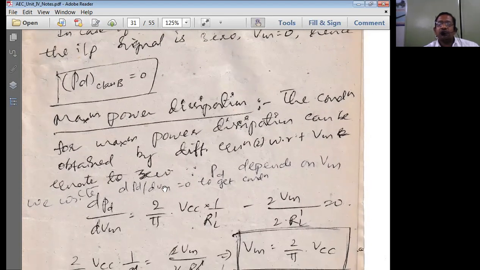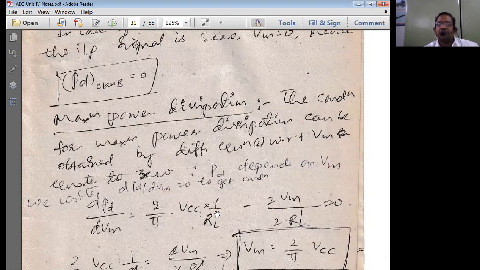Therefore, the circuit is going to be a much better circuit than the class A type of power amplifier circuit. That means in practical applications, we prefer the class B type of power amplifier over the class A type because of zero power dissipation and maximum efficiency.